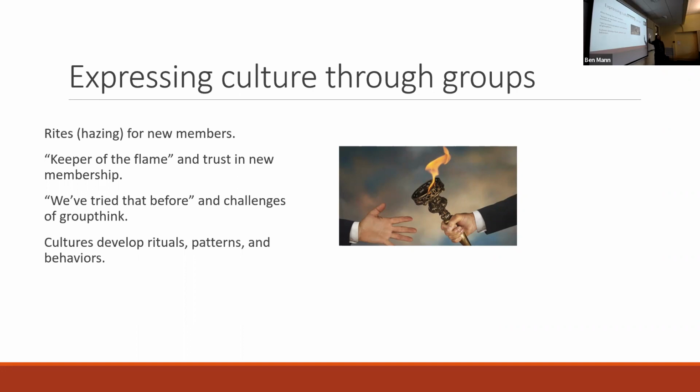But one challenge that tends to come up in group settings is the idea that we've tried this before and it didn't work. If you're a new member of a group, there's a good chance that you're coming into that group with a lot of ideas. You're coming in as an outsider who doesn't necessarily know how a group does things, and you're maybe expressing a lot of thoughts on things that could be happening differently.